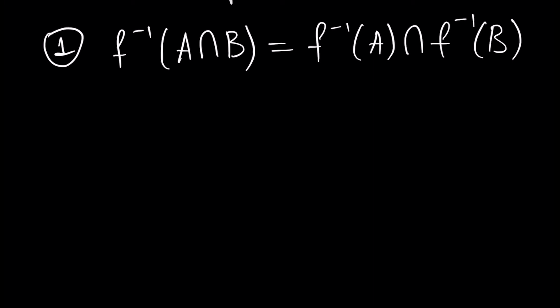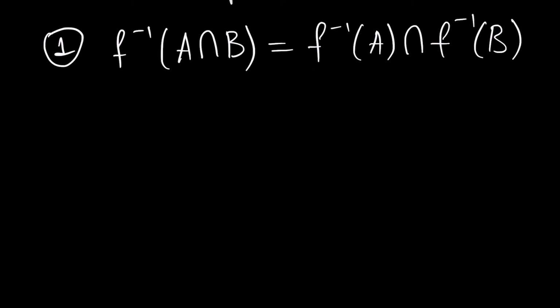This is quite obvious, we can prove it using very simple explanation. We have to just prove that any element here is inside this subset, and opposite, any element in this set is inside this set.